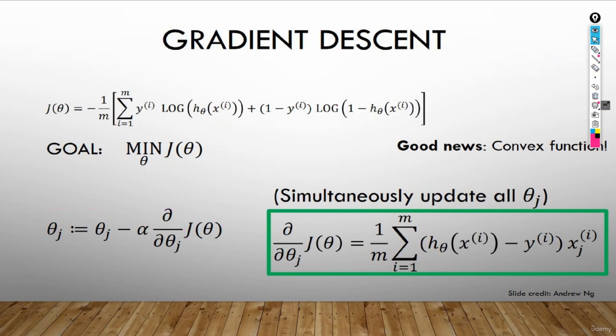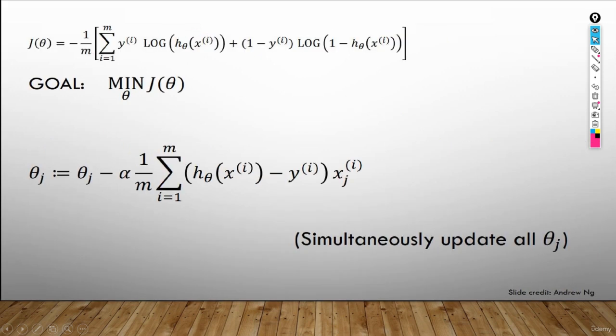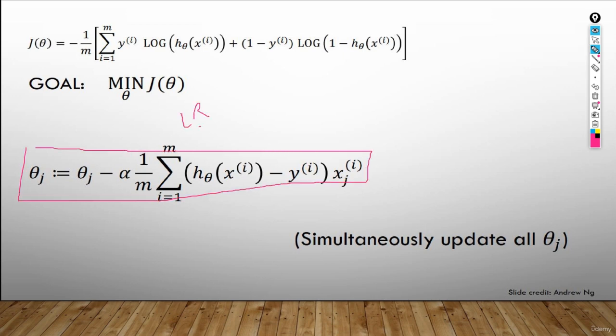So gradient descent is quite similar to what we have learned in the case of linear regression. If you remember, this was the case of linear regression. Now in this case, what we are going to do is take a derivative of J theta with respect to the particular parameter that you are going to tune.